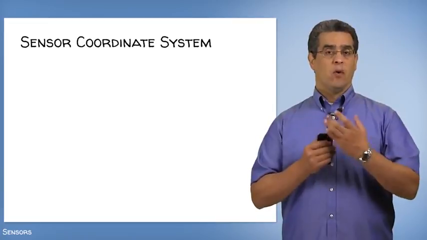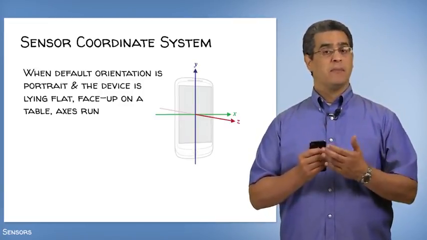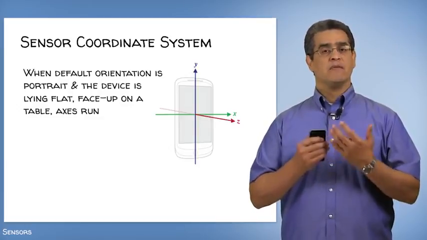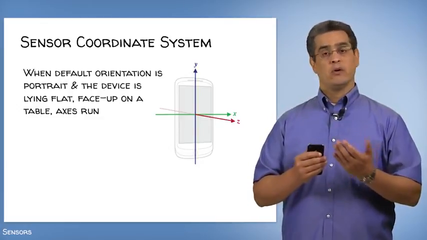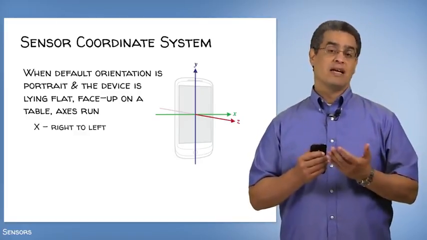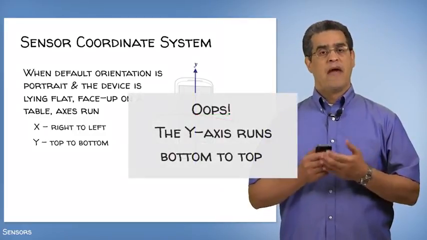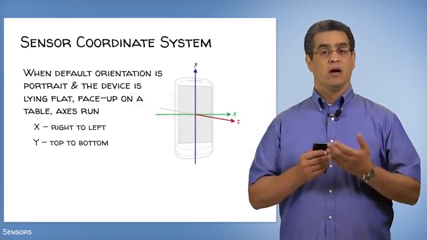When the default orientation is portrait, and when the device is lying flat, face up on a table, the axes of the coordinate system are as shown here. The x-axis runs from right to left, the y-axis runs top to bottom, and the z-axis runs down to up.